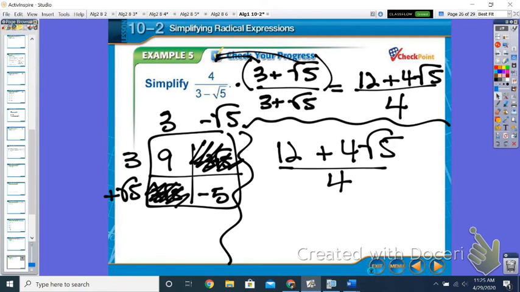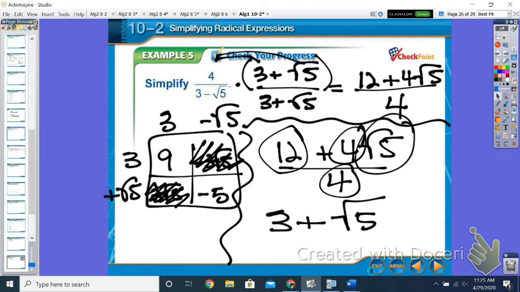12 divided by 4 is 3. 4 divided by 4 is 1. So I could write the 1, or I don't have to. I'm just not going to write it. The square root of 5 doesn't change, because again, we can't mix numbers on the outside of a radical with numbers on the inside. So the fact that we're dividing these by 4 has nothing to do with that square root of 5. That stays.